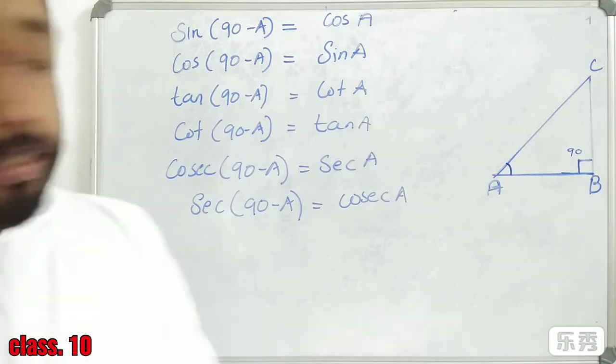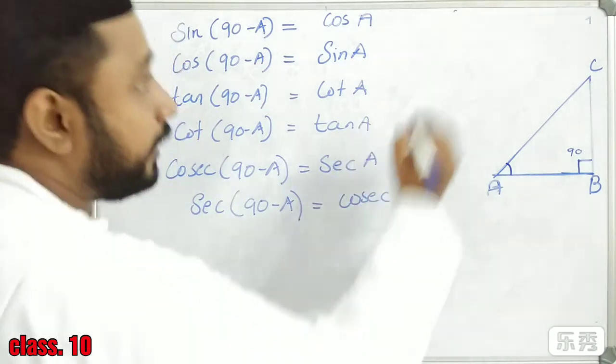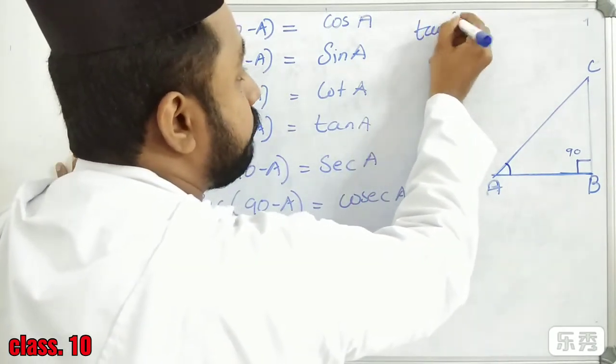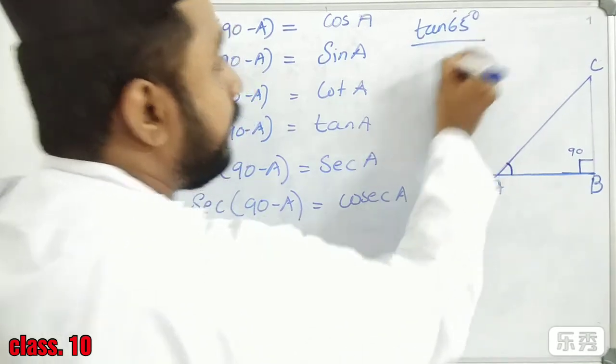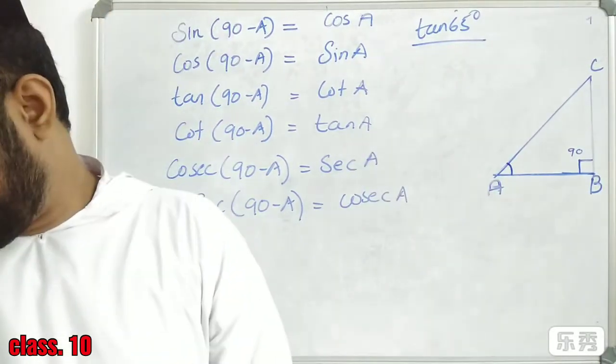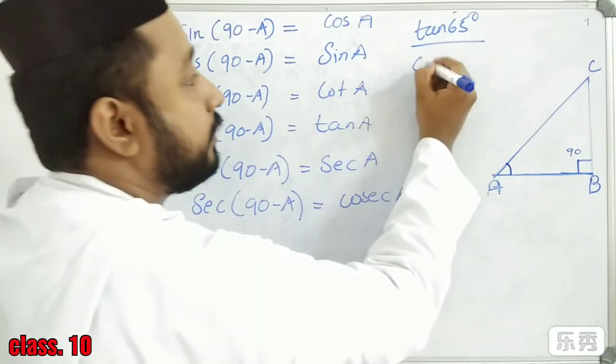First one is evaluate tan 65 degree divided by cot 25 degree.